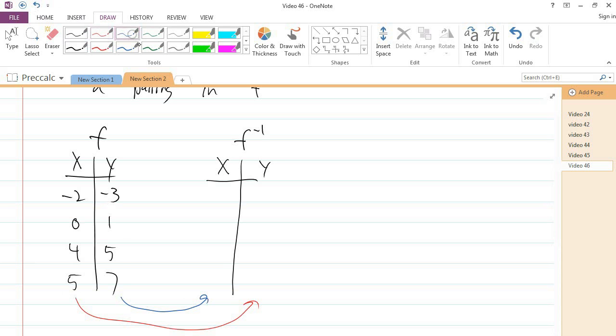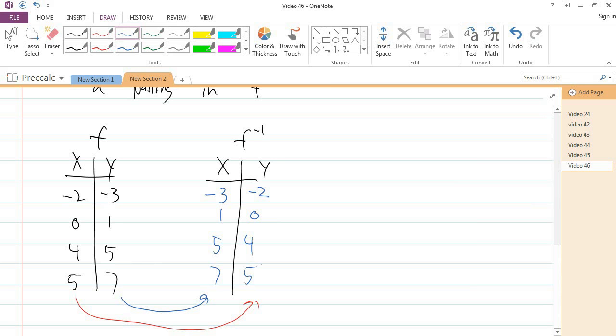So all of these y values become x values, and the matching x values become matching y values. Okay, so that's how you construct an inverse from a function: you exchange x and y.